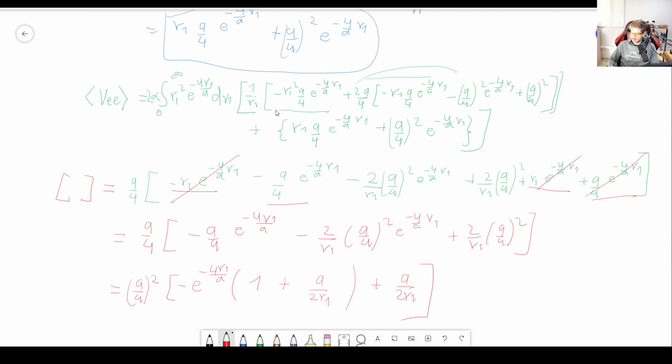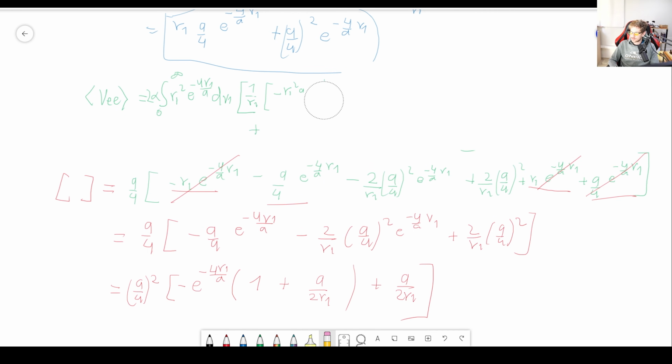So instead of this monster that we had right here, and I'm going to move this dr, instead of that, we will have a over 4 squared, and then, well, this entire thing, you know, we can actually even factor out a over 2R1.